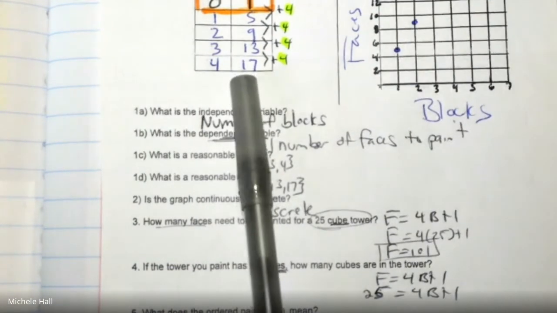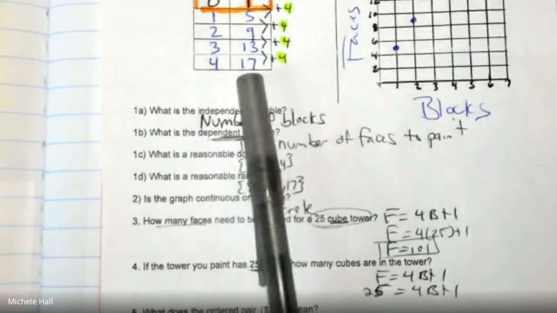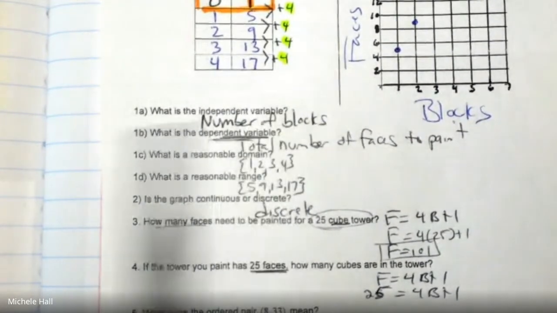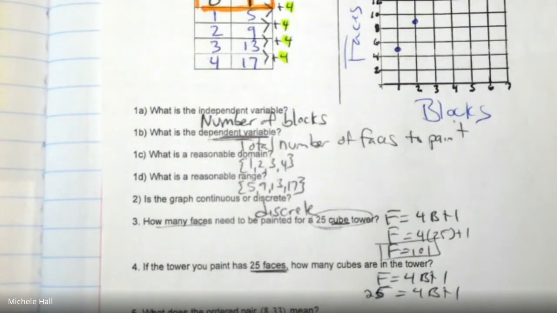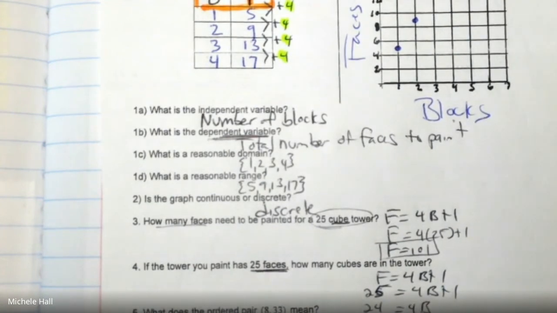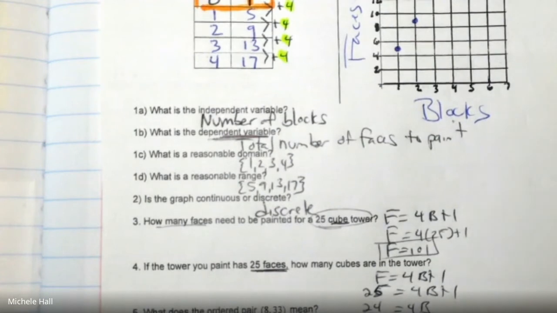You probably just worked in your chart and said, well, if 17 faces is 4, you probably figured out the next couple of ones and was able to figure it out that way. I've seen students do it that way. But if I solve this, I would subtract 1 from both sides. And then I would divide by 4. And I would get that the blocks or cubes would be 6.